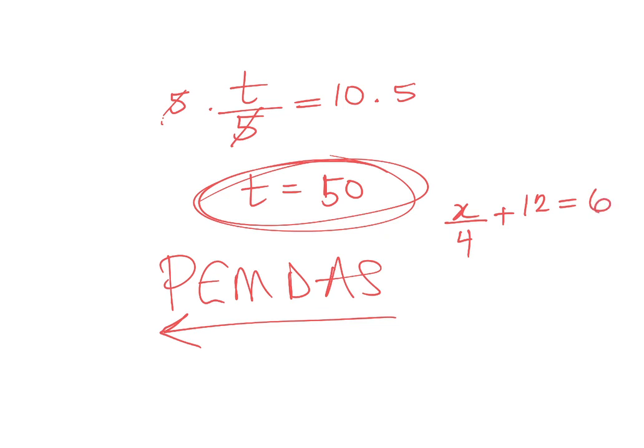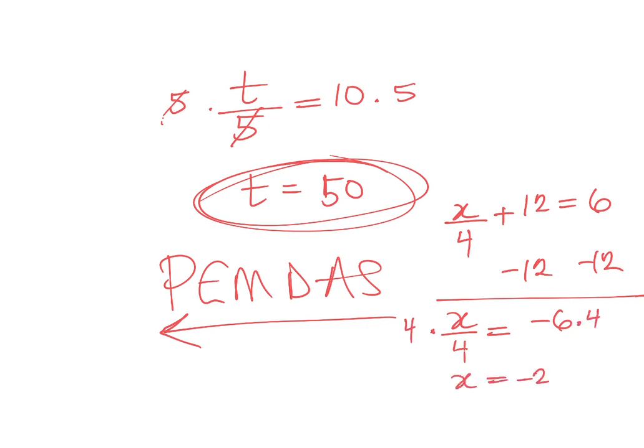If you have a problem like this, the first thing that you should consider is subtracting the 12. So you get rid of the 12 first. So you have x over 4 is equal to negative 6. 6 minus 12 is negative 6. And then you multiply both sides by 4. And so you get x is equal to negative 24. So notice that we did the addition and subtraction part first before we multiplied both sides to get the answer that we were looking for.